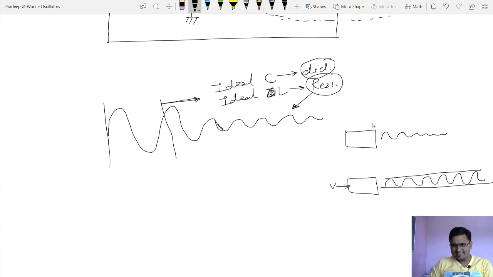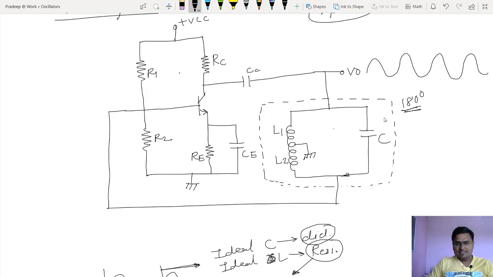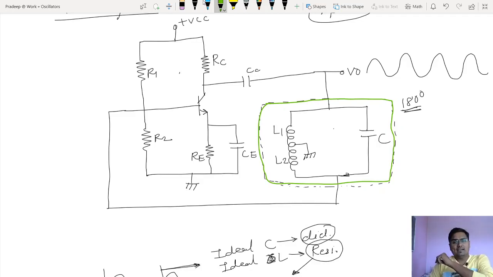Now applying an extra voltage to the tank circuit to produce sustained oscillations, that job is done by the amplifier here in this Hartley oscillator, even in the Colpitts oscillator. Look at this tank circuit, let me show you with this green pen. This tank circuit itself produces a signal, a sine wave, but after some time the sine wave will go decreasing, and if I want sustained oscillations, let me stimulate the tank circuit.